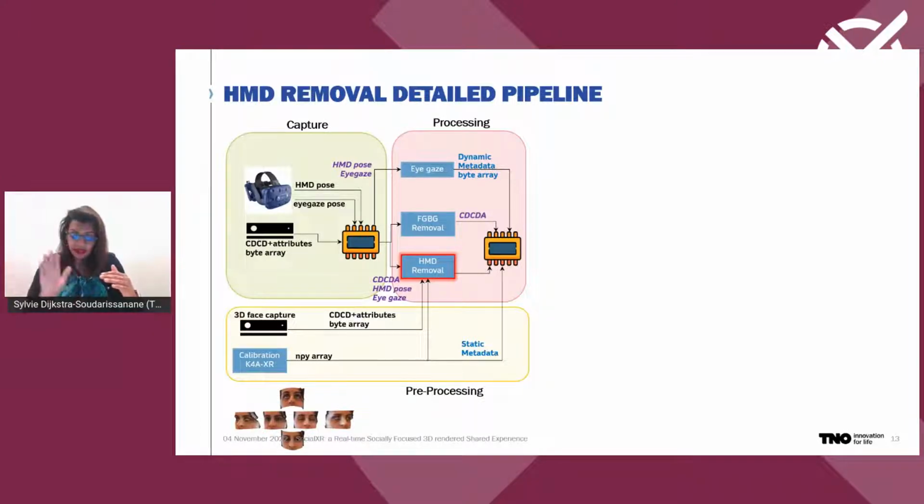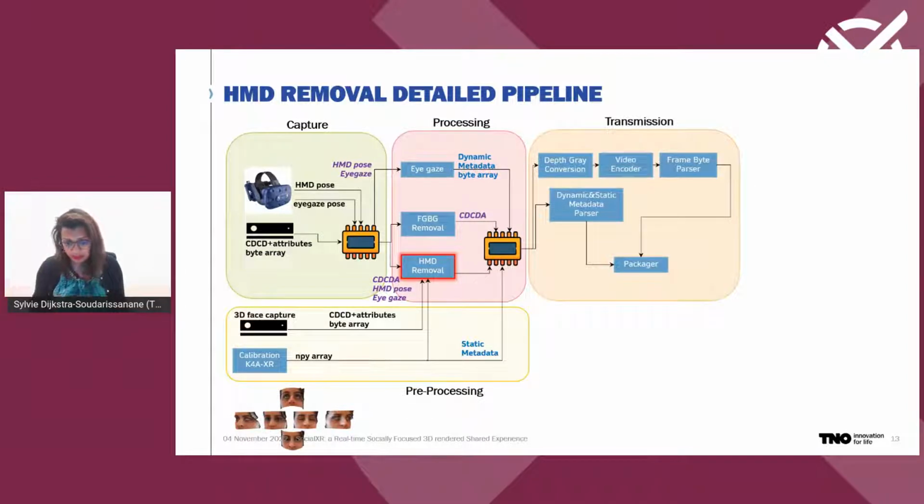So once we have the static capture of the user and the live capture of the user, it's pretty straightforward. We can just remove the points from the glasses and paste, or in-paint, the point cloud of the user onto it, using AI to make sure that the transitions between the pictures are smooth. We need to transmit, of course, this data from one user to the other.